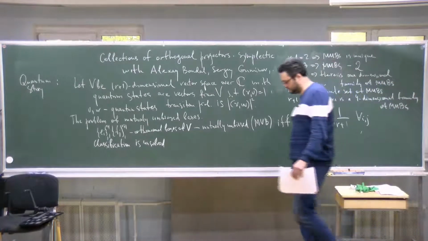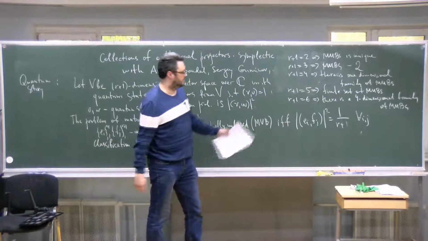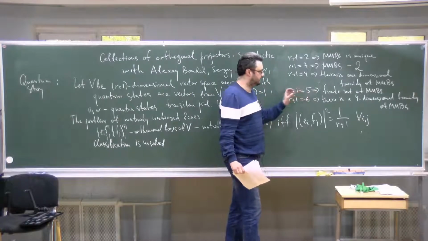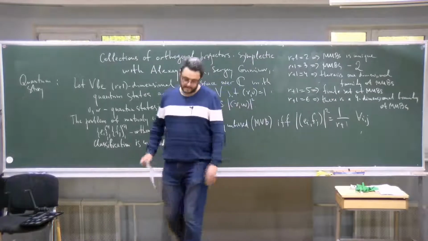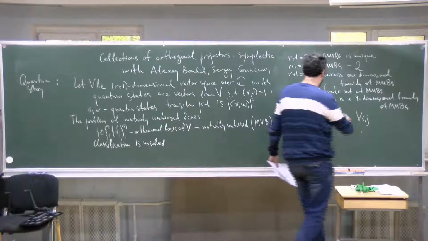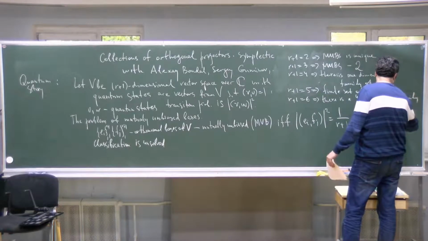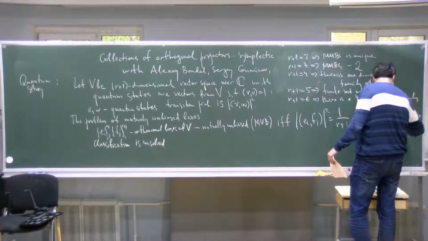In this case, this is a partial result, because there is also a finite set of isolated points. If r plus 1 is greater than 6, there is no classification. There are some partial results.